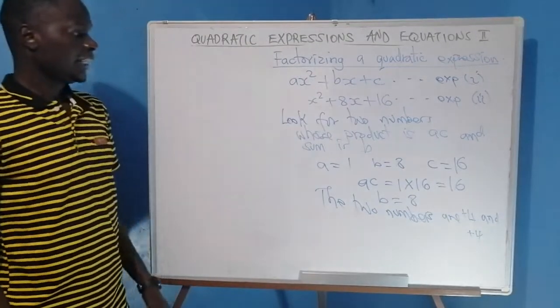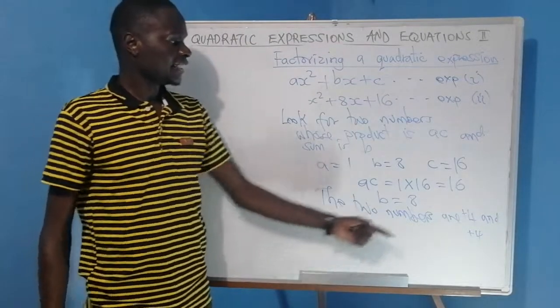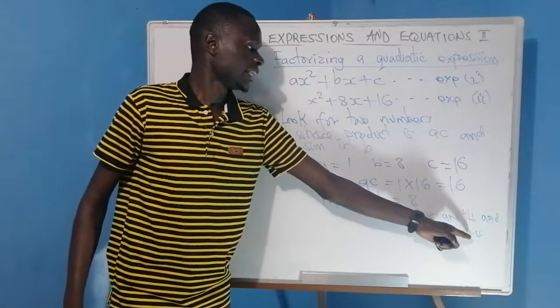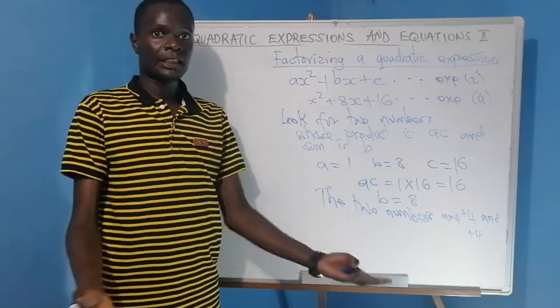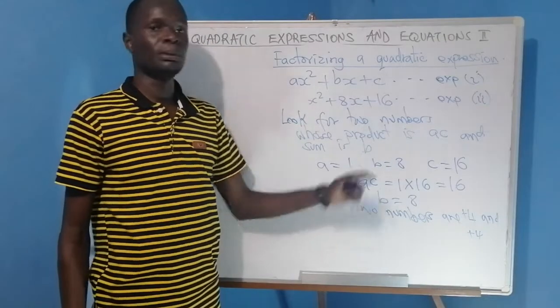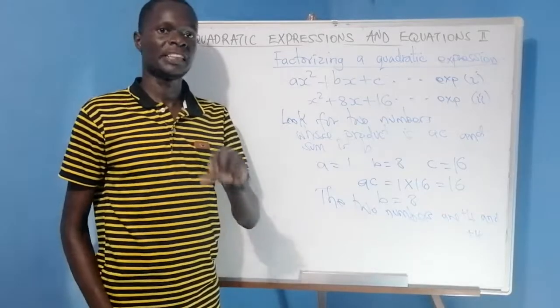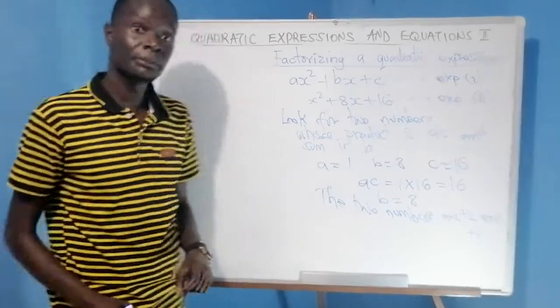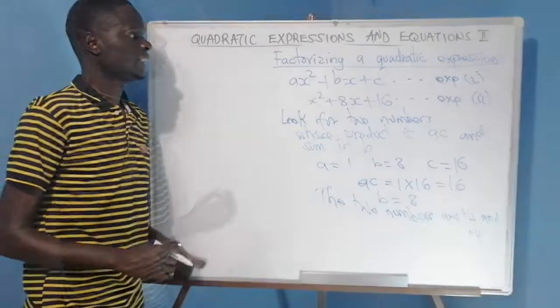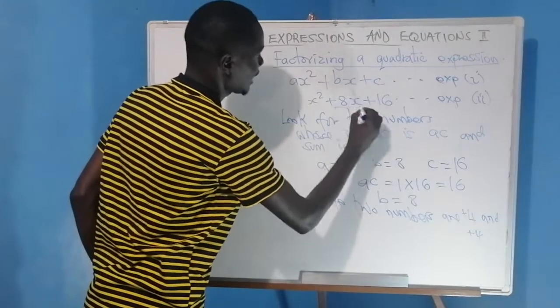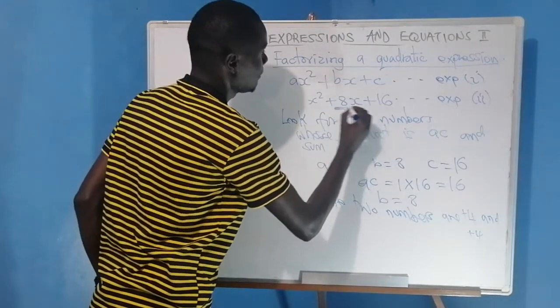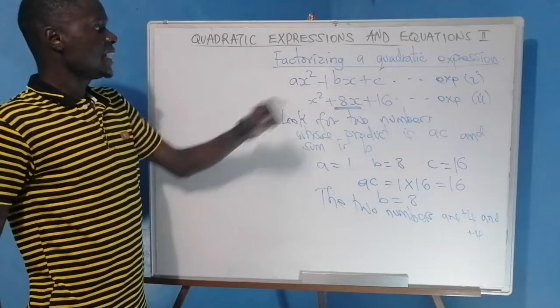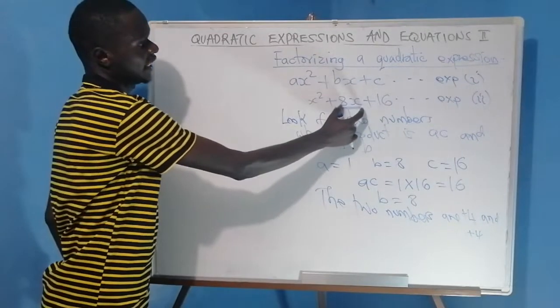Remember, if you confuse the sign and say a negative 4 here and a negative 4 here, the product might be 16, but the sum will not be positive 8. And therefore, we must be clear on the sign. Take that. We replace them back here. We replace them in bx. Bx in this case is 8x.